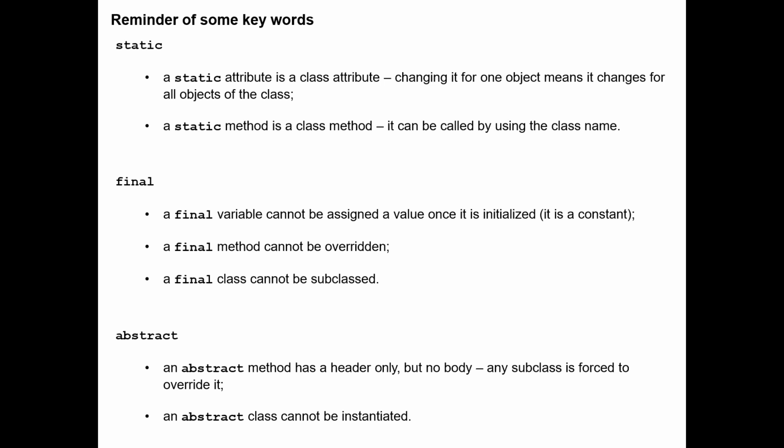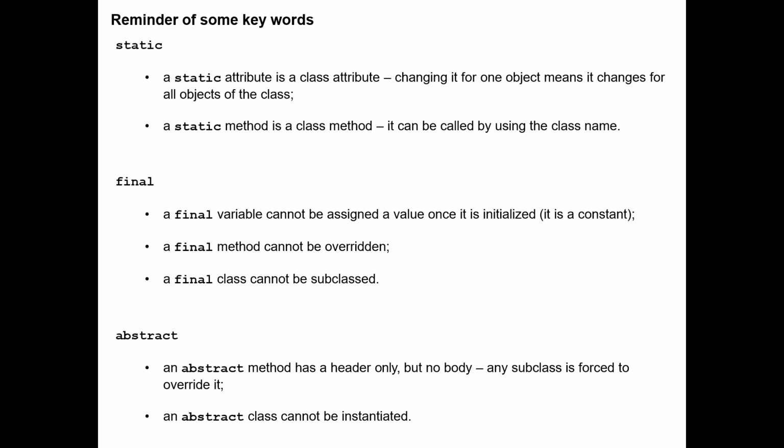With final, we're looking into constants. As I mentioned before, we have variables and constants. When we're working with constants in Java, we use final. As the definition says, a final variable can be assigned a value once it is initialized. A final method cannot be overridden, and a final class cannot be subclassed.